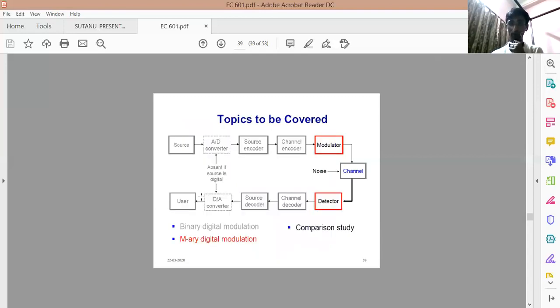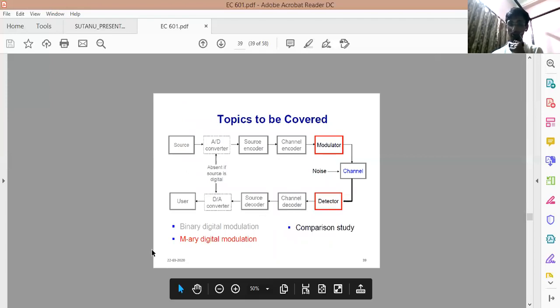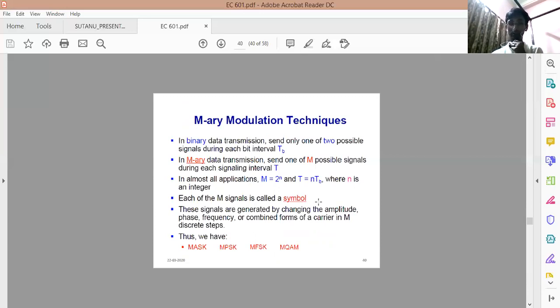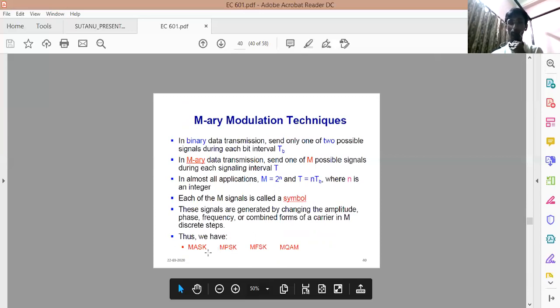Next, when I'm talking about M-ary digital modulation, then how to use that M-ary digital modulation, I have already discussed everything about M-ary PSK, which is known as MPSK. Now today we are going to discuss about MASK, MFSK, something I have discussed about MQAM. 16 QAM, I have discussed it.